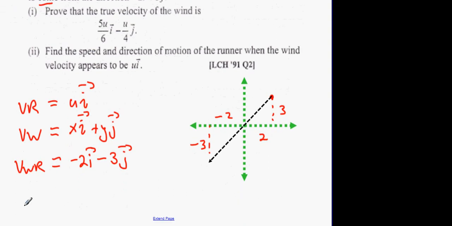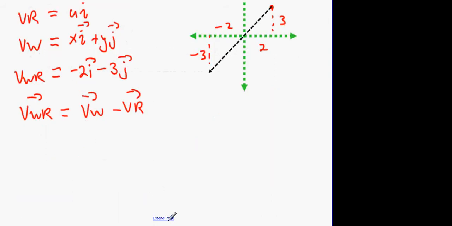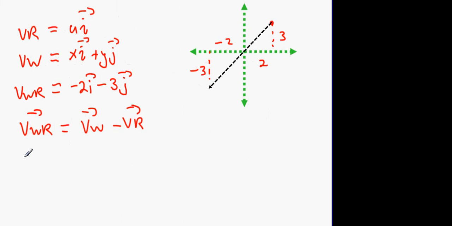Now, vWR ends up being vW minus vR. I'm just going to put it directly, I'm not going to waste too much time on this. So it's going to be x minus u i plus y j.